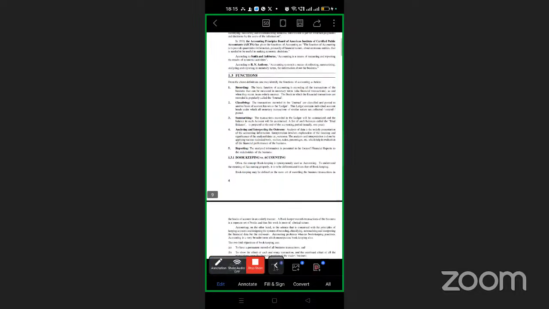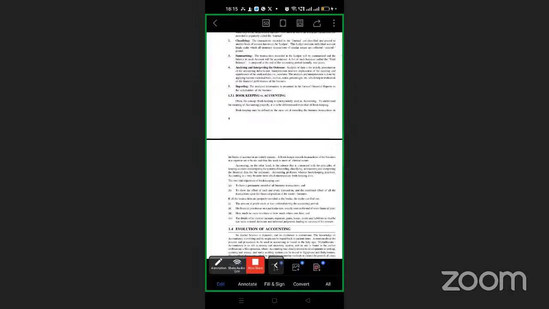Next comes bookkeeping versus accounting. Just now we have understood the definition of accounting. Now, what is bookkeeping? There is a very slight difference between bookkeeping and accounting. In bookkeeping, they only record the transactions. They will not analyze, they will not prepare separate accounts, they will not find out the outcome, and they will not interpret.